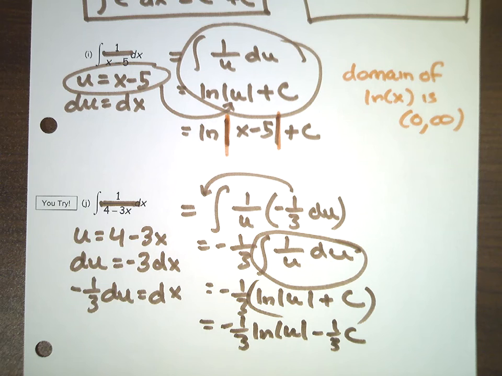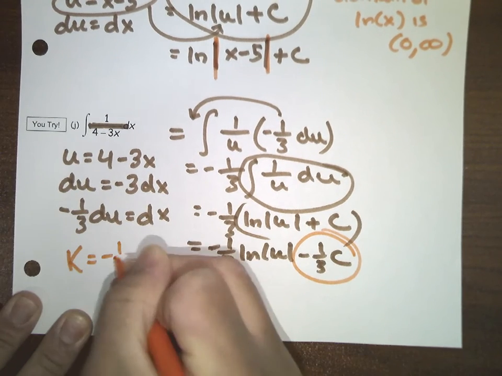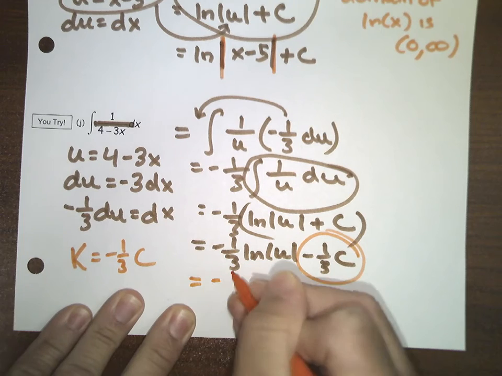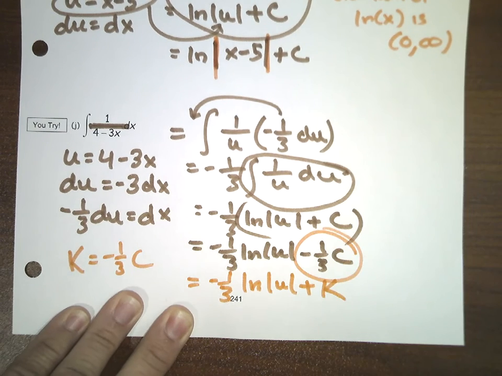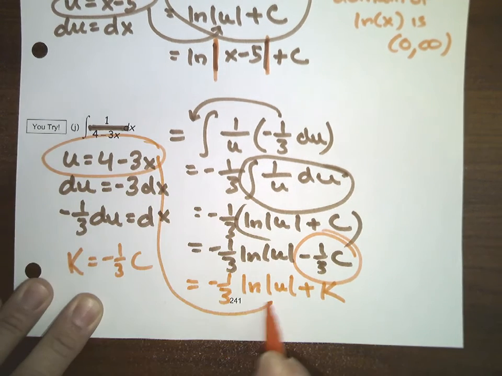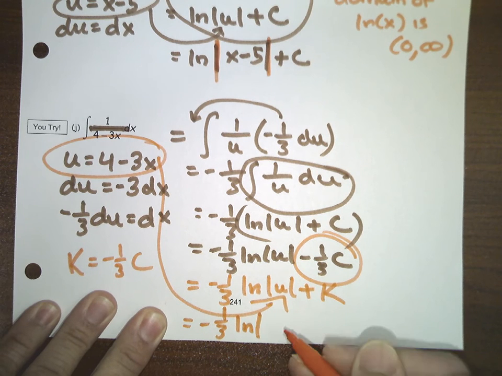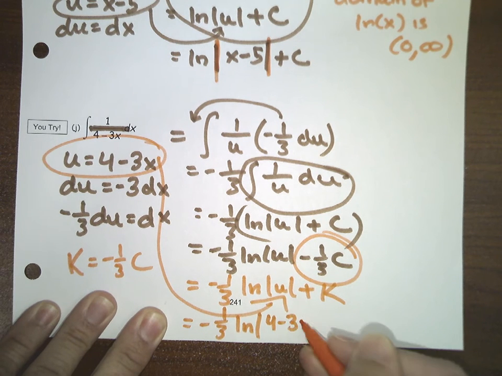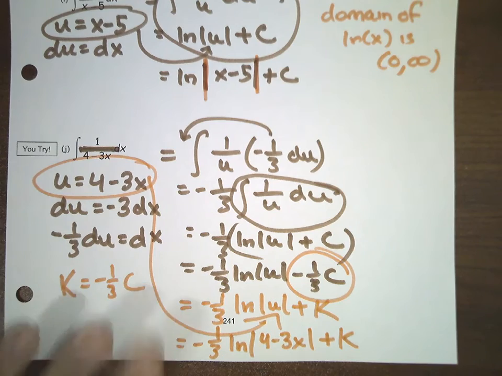Since c is a constant, you could just say that k is negative 1/3 c, and use some other letter like k to represent what that number is instead of c. But you do need to substitute in the u here, so it's negative 1/3 natural log of the absolute value of 4 minus 3x plus k, or c, or whatever constant letter that you want to use.